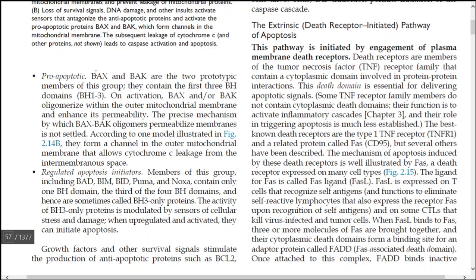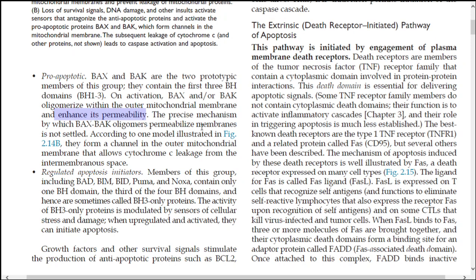BAX and BAK are examples of pro-apoptotic proteins. They contain the first 3 BH domains and hence are called BH1-3. When activated, BAX and BAK combine within the outer mitochondrial membrane and enhance its permeability.